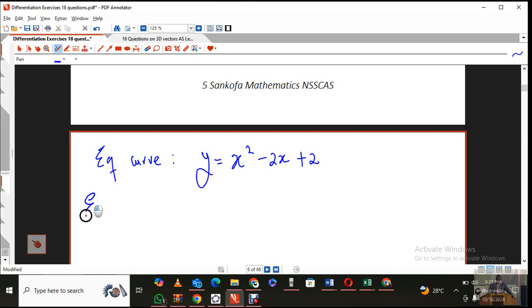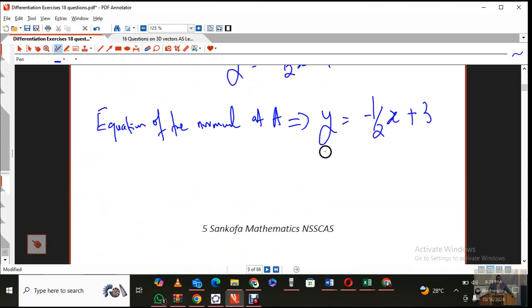Then the equation of the normal that we just calculated from before was y equals negative a half of x plus 3.